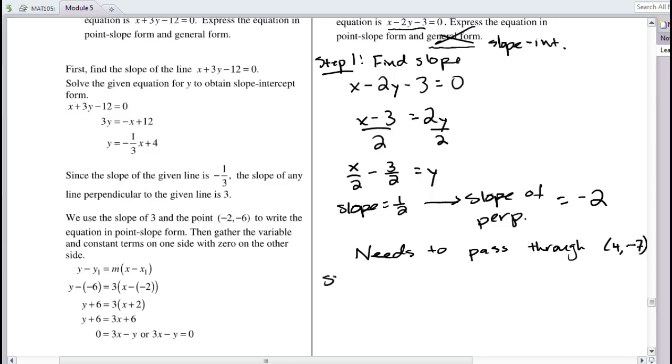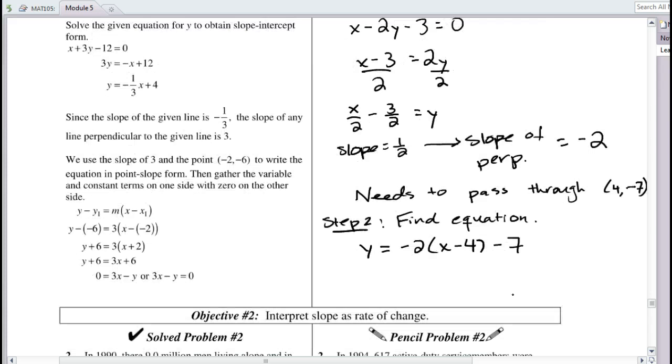So step 2, we need to find the equation. So here we're going to do y equals -2 times x minus 4, minus 7. That's our point slope equation.